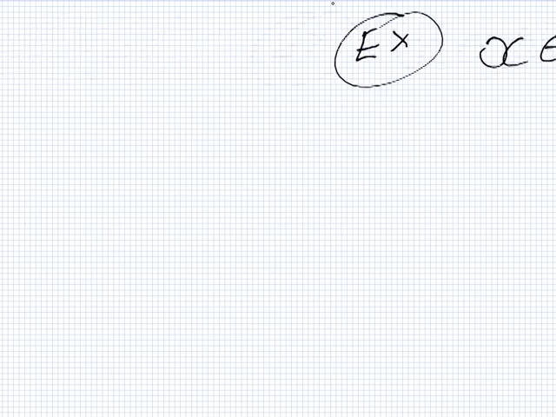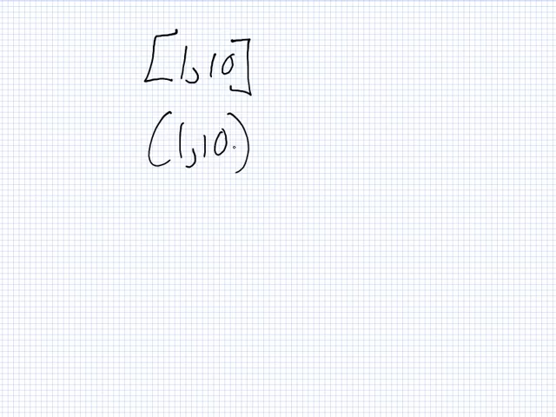Okay. So the difference is, for example, if I write this, let's say 1 to 10, this means all the numbers from 1 to 10, including 1 and 10. Whereas if I write this, it means all the numbers from 1 to 10, not including 1 and 10. So like 1.1.